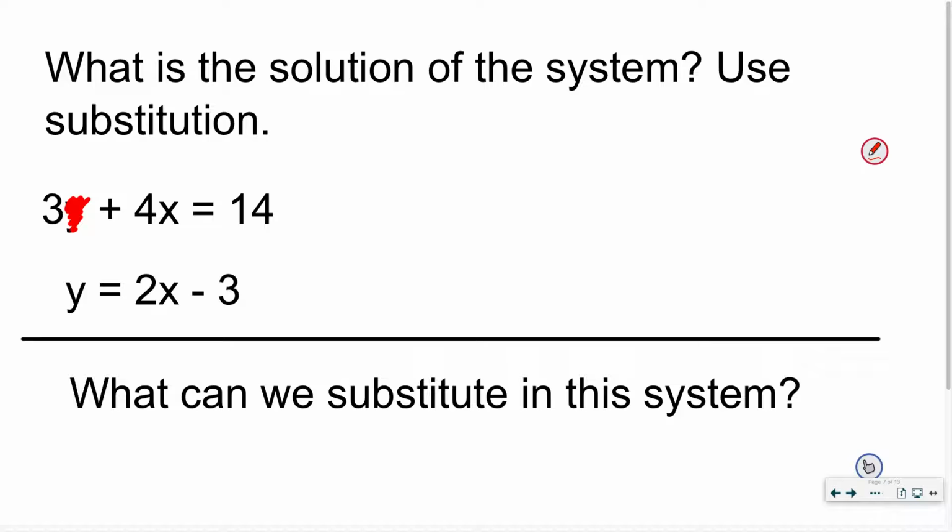How can I rewrite that equation? Write down what the equation would be if I substituted in the 2x minus 3 for y. So in this equation, what are you replacing?